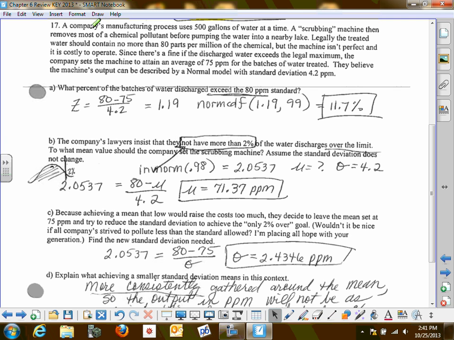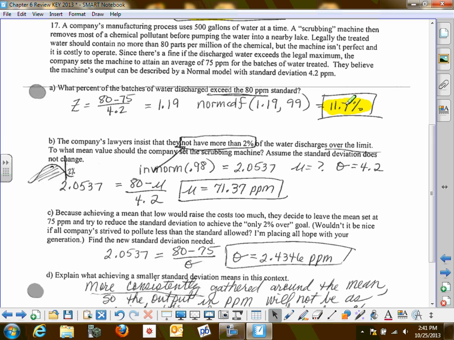So this was about a manufacturing process and having to do with removing the chemicals. What percent of the batches of water discharged exceeded this much standard? So at first, the amount that exceeded that much discharge was a high 11.7%. As the lead of this company, I'm not comfortable with that much discharge.